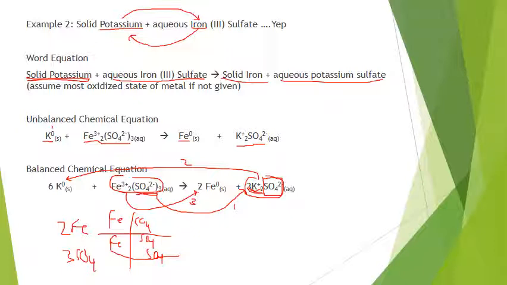Now this one over here, we're just going to look at 1 K2SO4. There are 2 Ks for every SO4, and you have 3 of them.